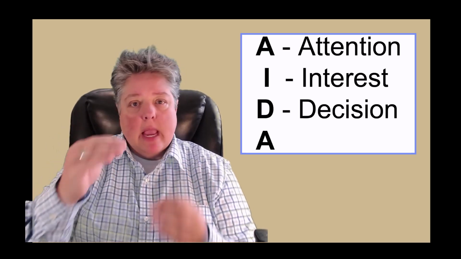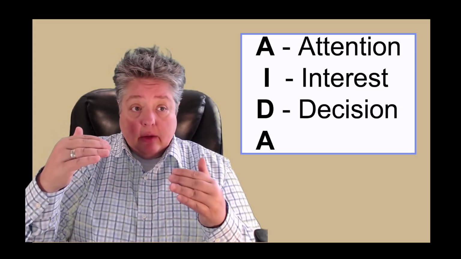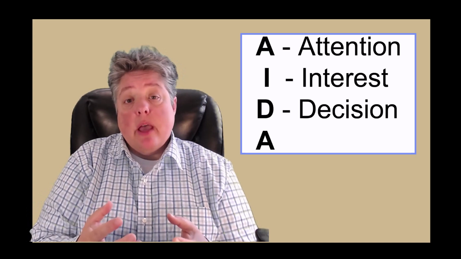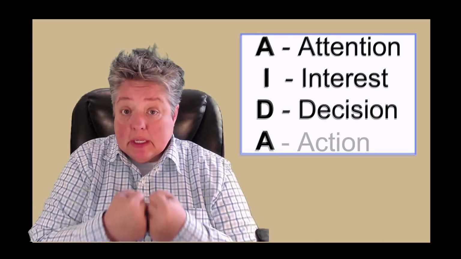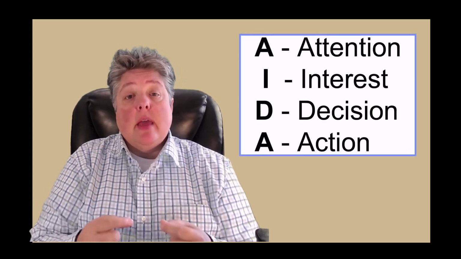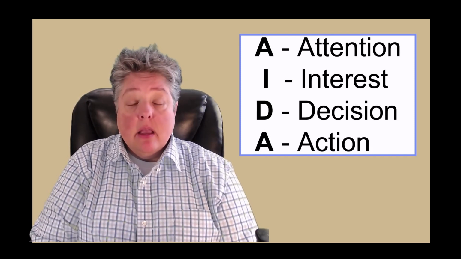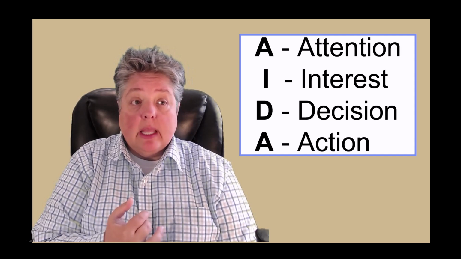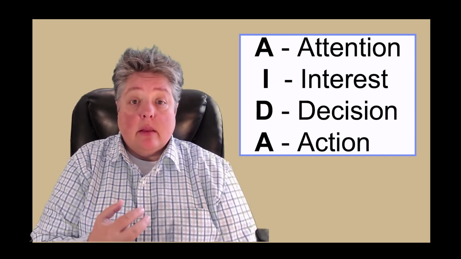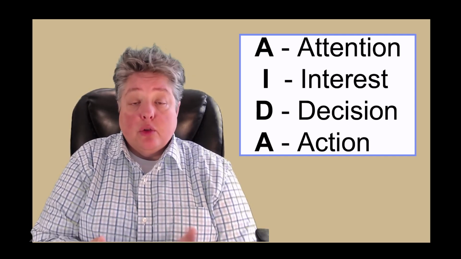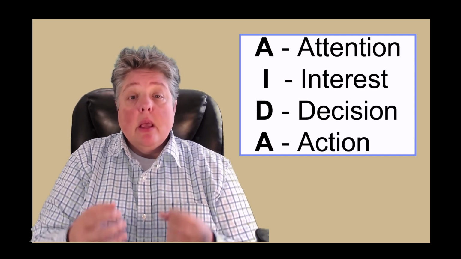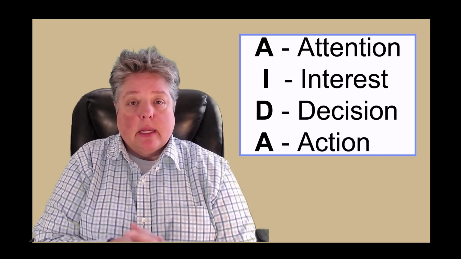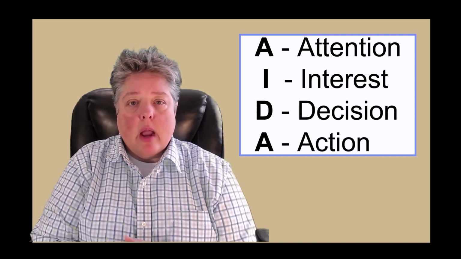So you've gained their attention, you've built their interest, you've helped them make a decision. Now comes that final A, which is you need to help them take action, and you need that action to be very easy to take. These days, it's including your website. Certainly if you are emailing this, make sure that it's an actual live link to your company's website. But if it's a hard copy letter, make sure you have the correct website typed in there in the closing paragraph.